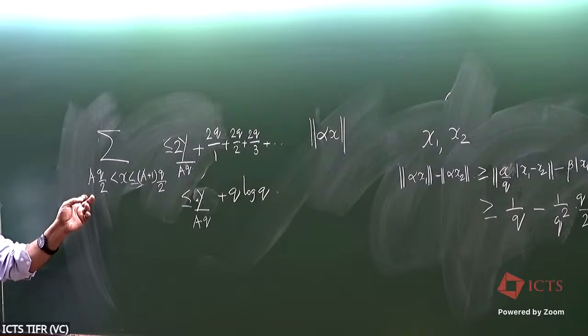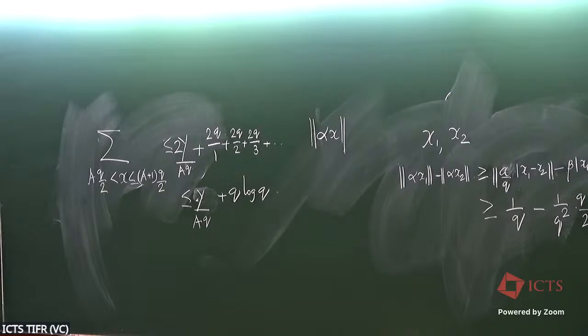For a bigger than or equal to 1, you can use this idea. And for a equal to 0, of course, then you have to use something else, depending upon the problem. Because for a equal to 0, it will not work. For a bigger than 1, you can handle it, and only the small first part, 1 to q by 2, that part alone will be there, and that has to be handled separately. Is that okay? Good.